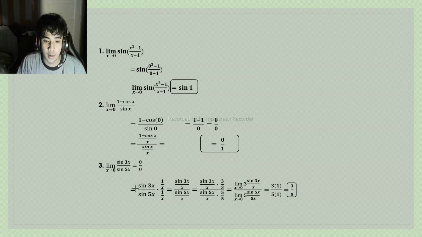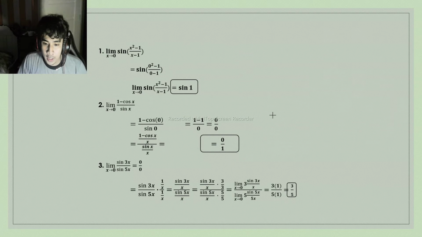So, sine 3x over sine 5x, we can multiply it by 1, which is 1 over x over 1 over x. And that will give us sine 3x over x over sine 5x over x. Ang gagawin natin sunod, multiply ulit natin sila ng 1 para makuha natin yung formula kanina na yung sin x over x, which is 1.